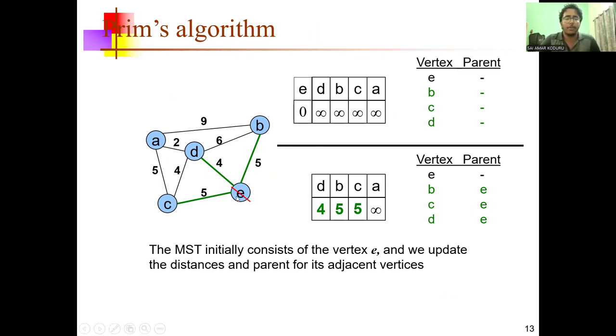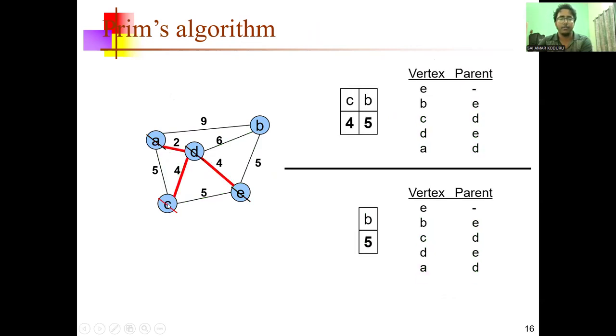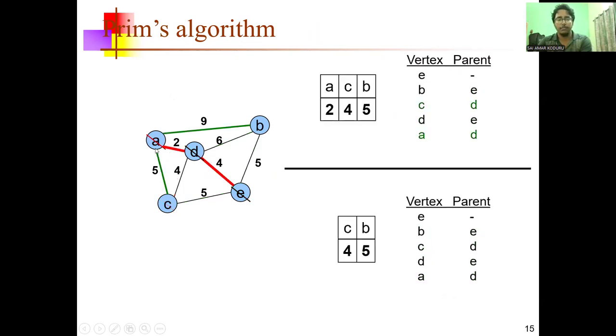Let's take the initial point as E. From E, we will move on to D as it's the least valued adjacent vertex compared to C and B. So from D, we will move on to A. And from A, we'll move on. I mean, no. From A, we will return to D because from A to C, it's 5 and A to B, it's 9.